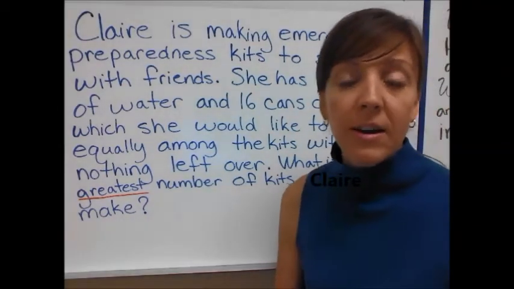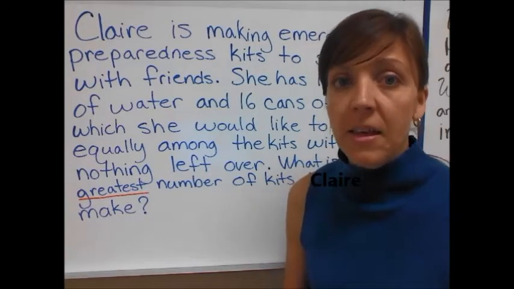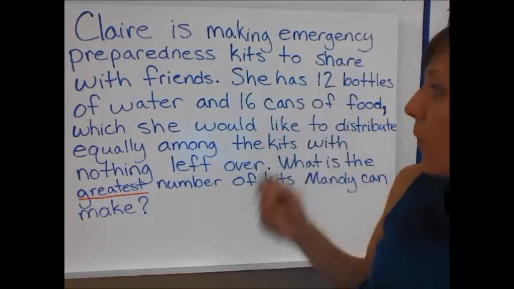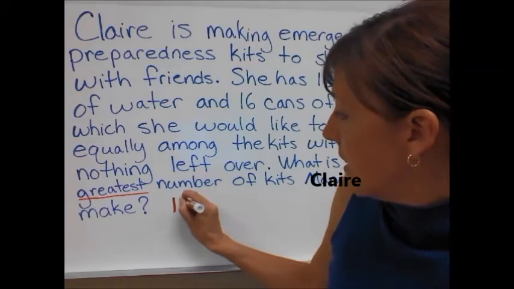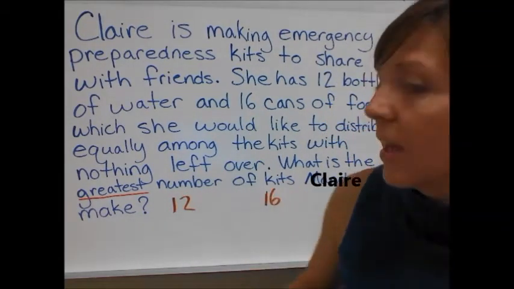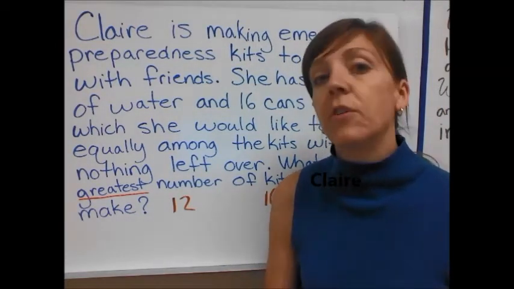So we're looking for the greatest number of kits she can make, and she wants to split everything up evenly, equally in each kit. She has 12 bottles of water, and she has 16 cans of food. And she's splitting the bottles of water and the cans of food up into groups.